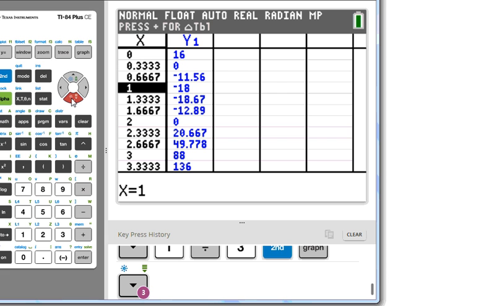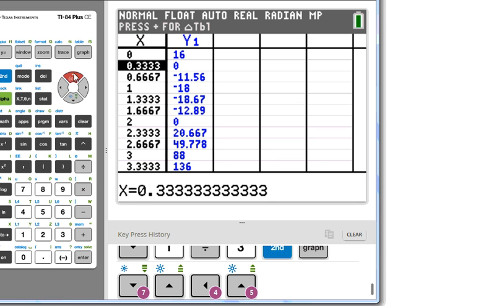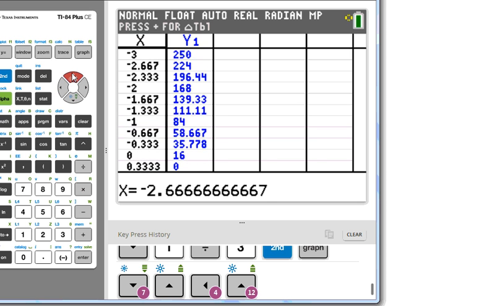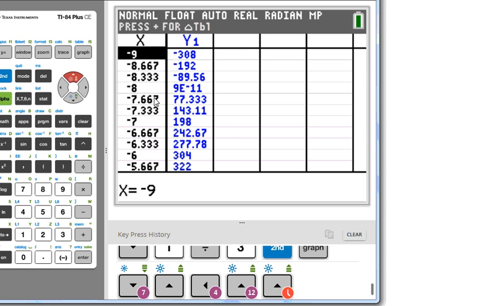So at 2 we have a 0, and at negative 8 we also have, that's 9 times 10 to the negative 11th. That's like trillions. Okay, that is 0. It's just sort of rounding.